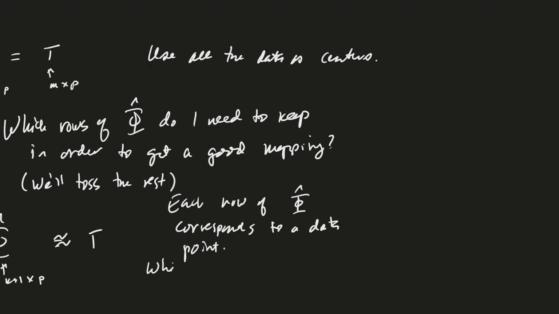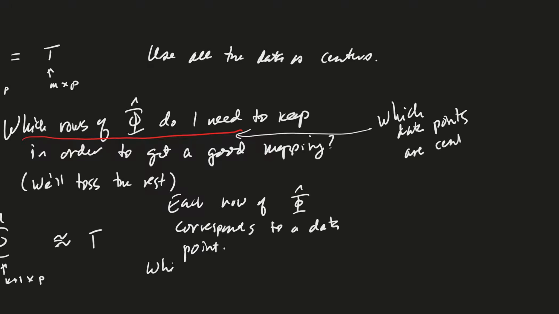Okay, so anyway, in place of which rows do I keep, I'm going to substitute which data points are centers, right?